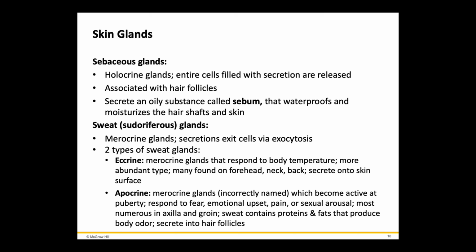On the other hand, apocrine glands are located in certain areas such as the axilla and groin, and they are activated at puberty in response to emotion, fear, sexual arousal, and things along that line. They produce a product which contains protein and fat, and over time the protein and fat goes bad, and that's how body odor is produced.